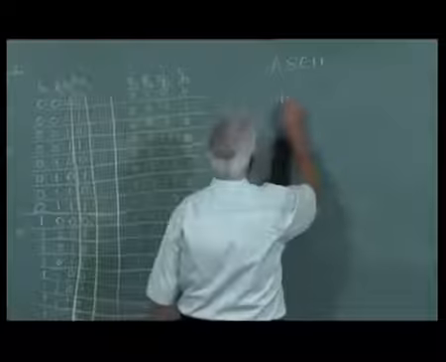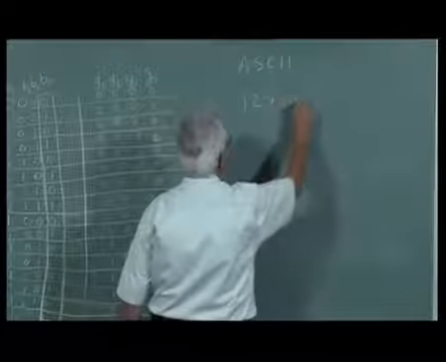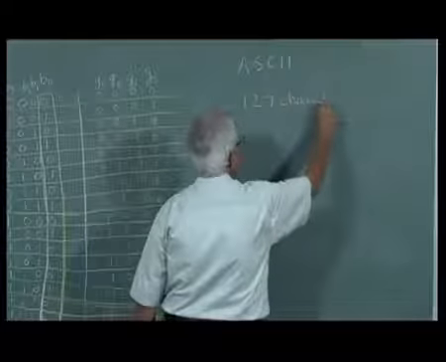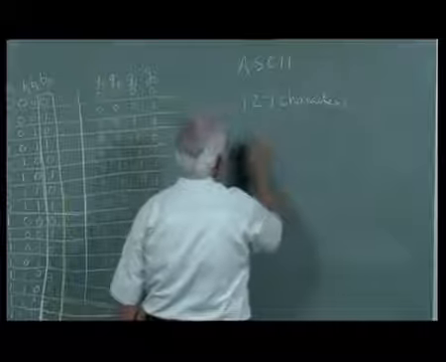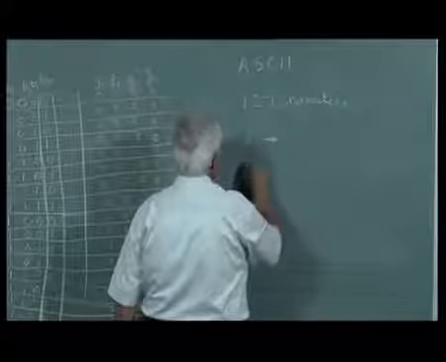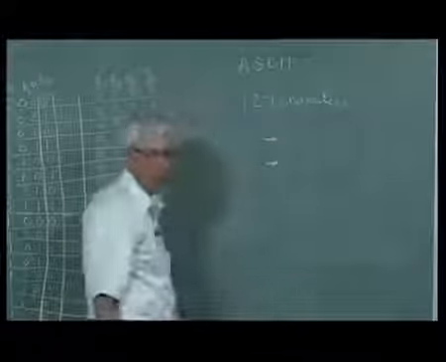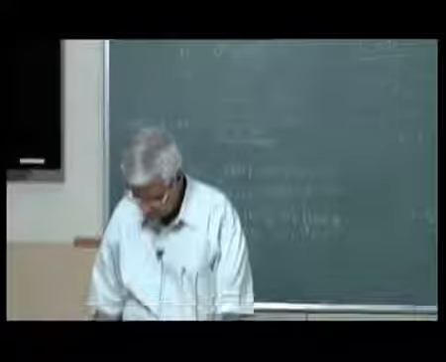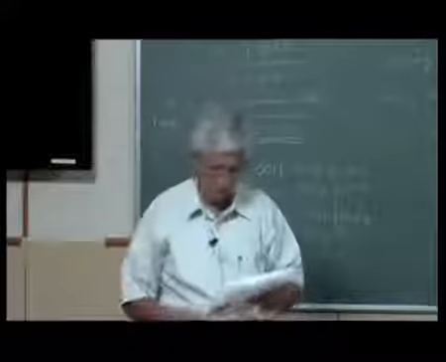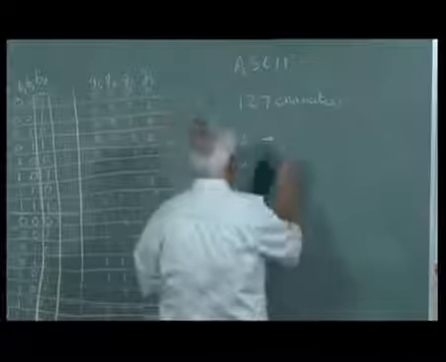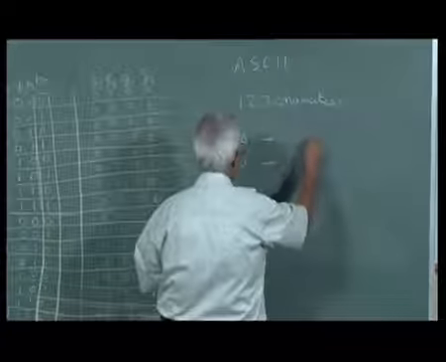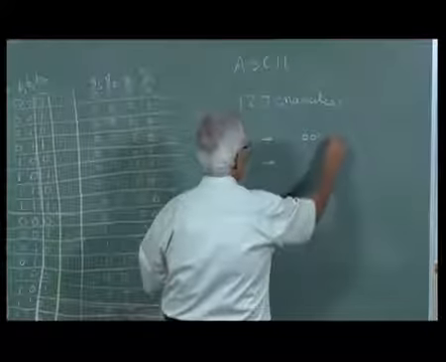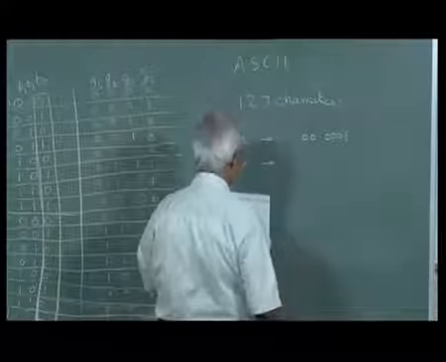So there are 127 or 128 characters, and each character will have one code. For example, A is 100 0001, 7 bits.